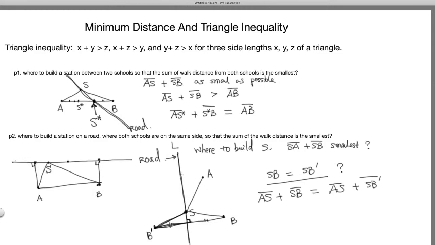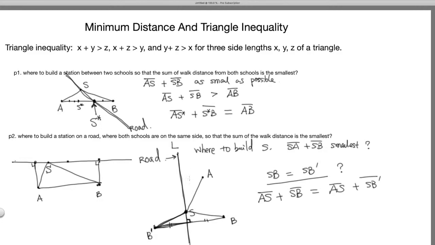Now I really want to find a point on this road L such that AS plus SB prime is the smallest. But that's exactly the same problem as the first problem. Remember that when I have a road here, what is the optimum point on this road such that AS star plus S star B is the smallest?